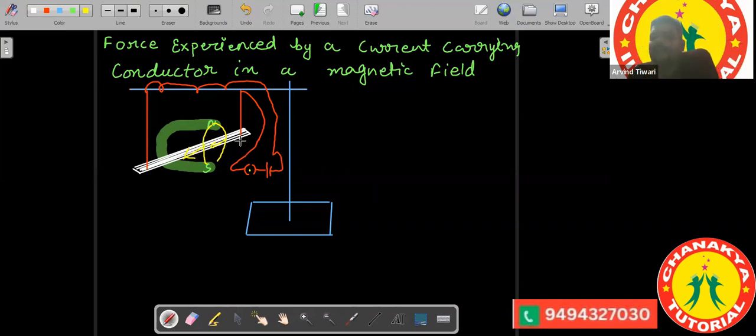The scale experiences a force because of which it moves out. It rotates and moves out. So with this activity, we are just able to demonstrate that a current carrying conductor experiences a force when it is placed in a magnetic field. So the factors on which this force experience depends.